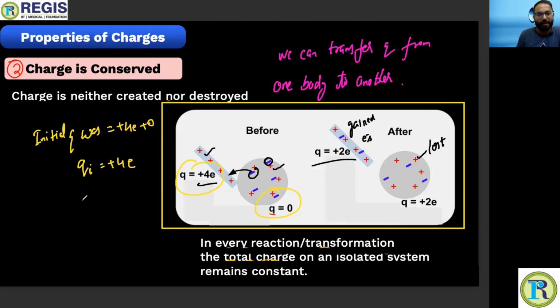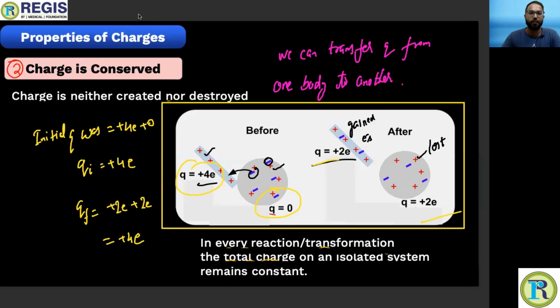Now final charge: this one is plus 2e, plus again 2e. The answer will be plus 4e. So as a system, the entire charge of this system is conserved. But two electrons we have transferred from one body to another body. Clear? Now let's move forward.